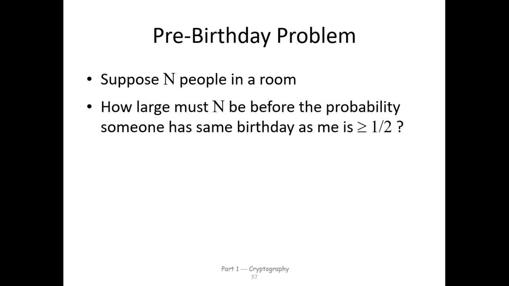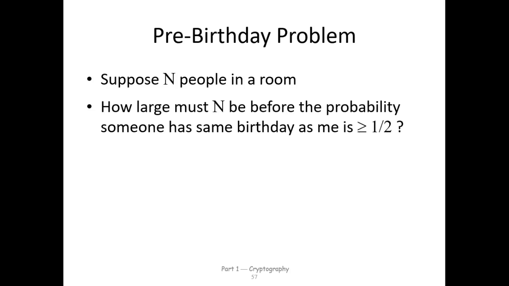You may be a little confused about this. As we go on increasing the value of n, say only 10 students: are 10 students sufficient to get a probability of more than half that one student has the same birthday as me?